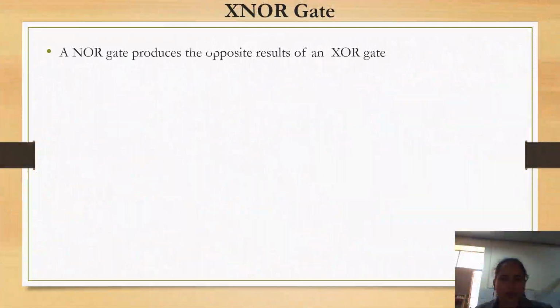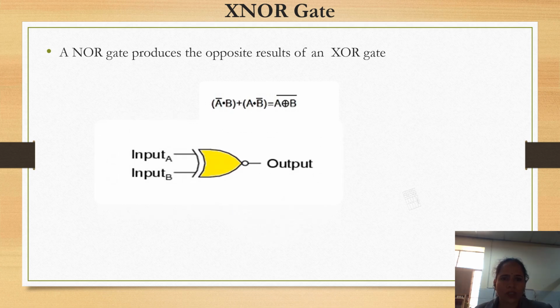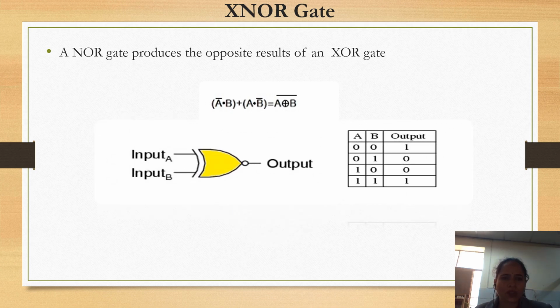Now XNOR gate. So first we create the equation of this. The equation of the XOR gate is a bar dot b plus a dot b bar, and the XNOR is represented using a XOR b and its complement.